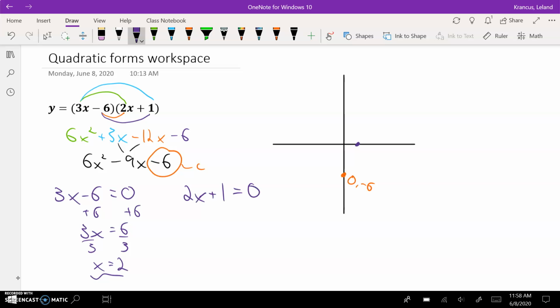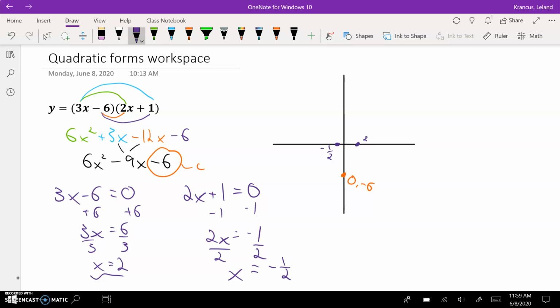We want to solve that for 0. Subtract 1 from both sides. Divide both sides by 2. And we get x equals negative 1/2. So that other x-intercept is going to be real close to the y-axis, right there at negative 1/2. So we've got one of them at 2 and one of them at negative 1/2.